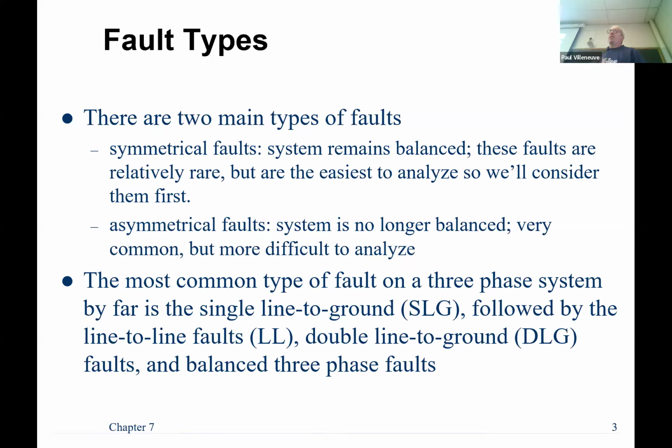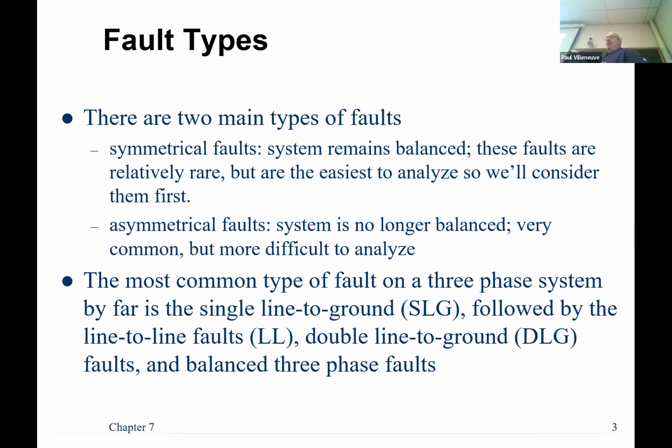Asymmetrical faults are where we're totally changing things up, and it's much more complicated to analyze them, because right now, with a balanced system, we can do single phase analysis, right? One phase has a magnitude and an angle, and the other ones have the same magnitude, but we just phase shift by 120 degrees. Also, we can convert things from phase to phase to neutral.